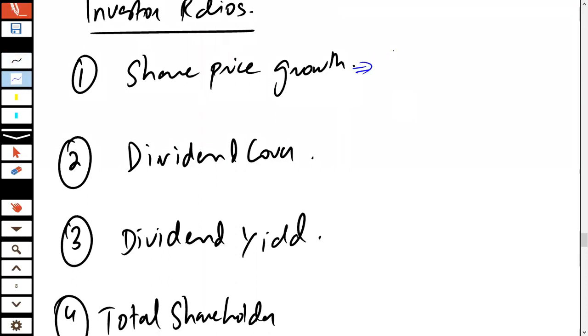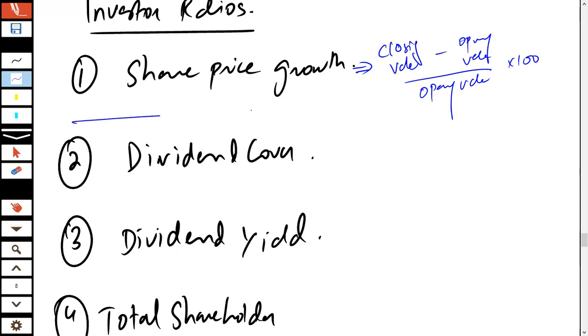So how do you get the share price growth? It's the closing value less the opening value, divided by the opening value, multiplied by 100. That's what the share price growth is.